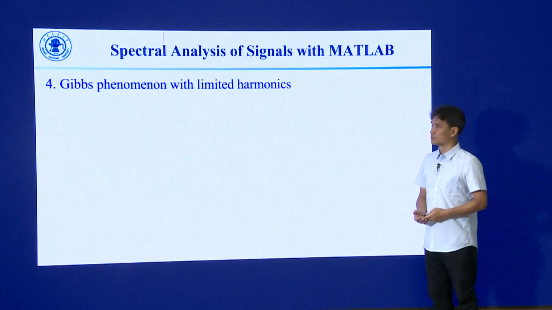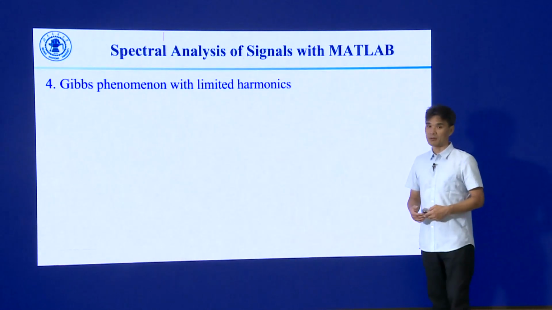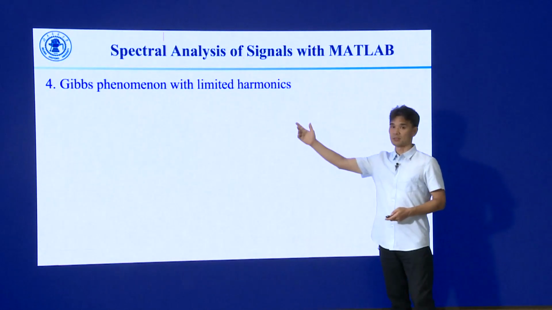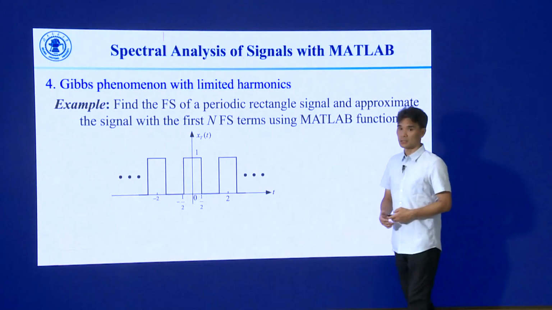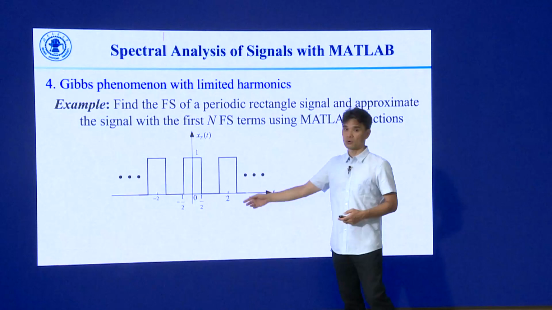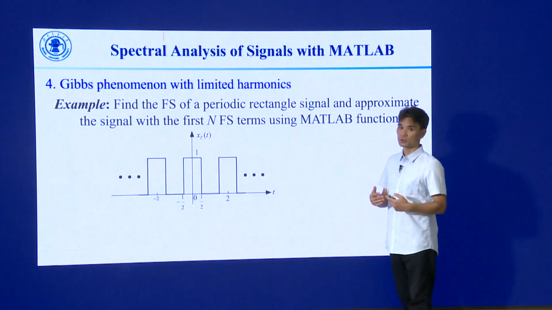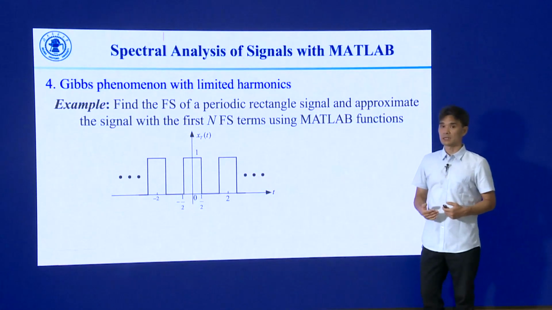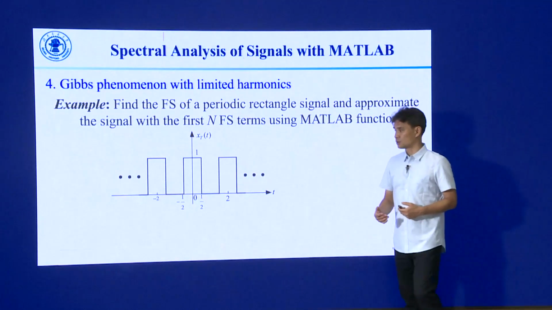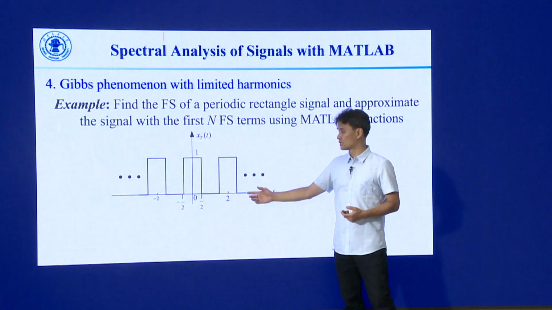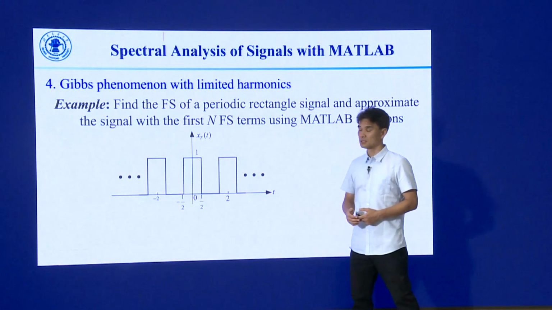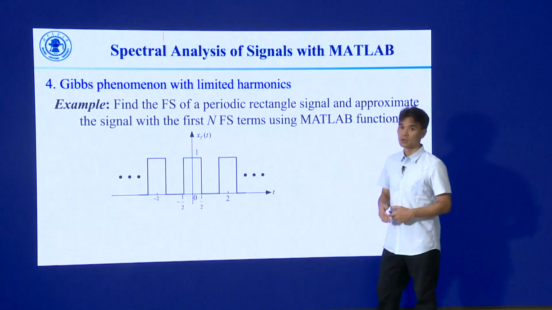The last example is how to demonstrate the Gibbs phenomenon. The Gibbs phenomenon shows only at discontinuity points. So if we use a limited number of harmonics to synthesize a periodic signal with discontinuity points, at these points we're going to see some overshoots.